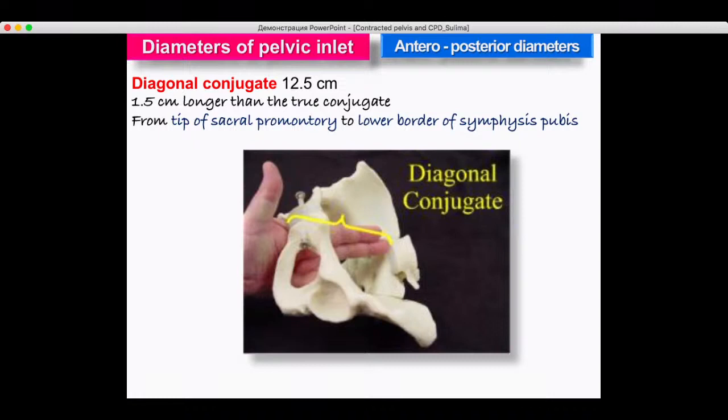If this woman has a contracted pelvis, you can reach the tip of the sacral promontory and measure the diameter between the tip of the sacral promontory and the lower border of the symphysis pubis. It's equal to 12.5 centimeters. If you subtract 1.5 centimeters, this is the true conjugate, which we discussed before.